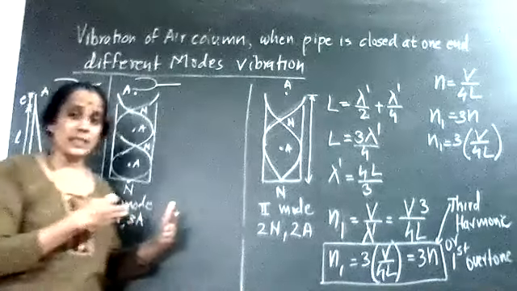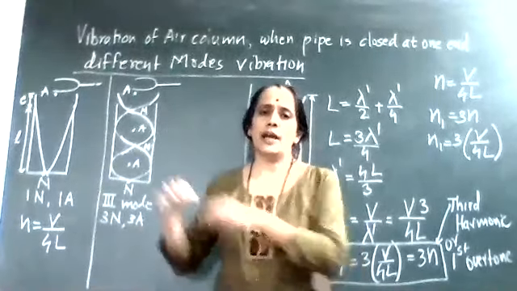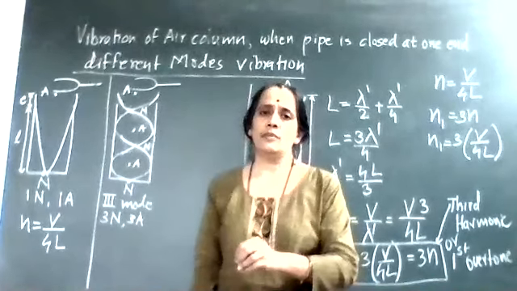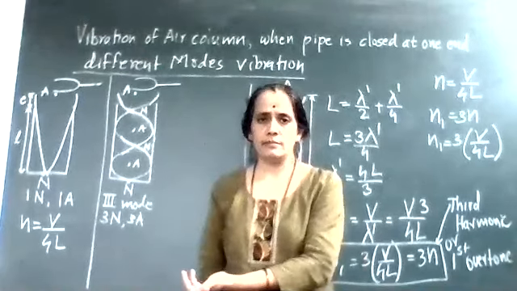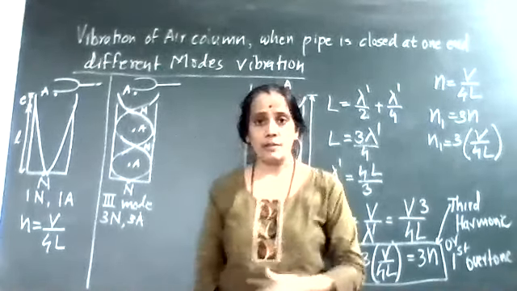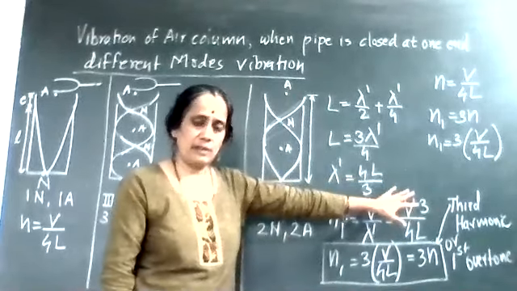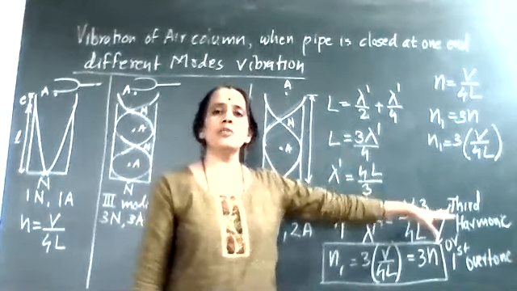So here this type of MCQ is also asked. If 3 nodes and 3 antinodes are formed, the air column in a pipe closed at one end is vibrating in which frequency? Or the question will be, if the pipe is closed at one end, in the third harmonic vibration, how many nodes will be formed?